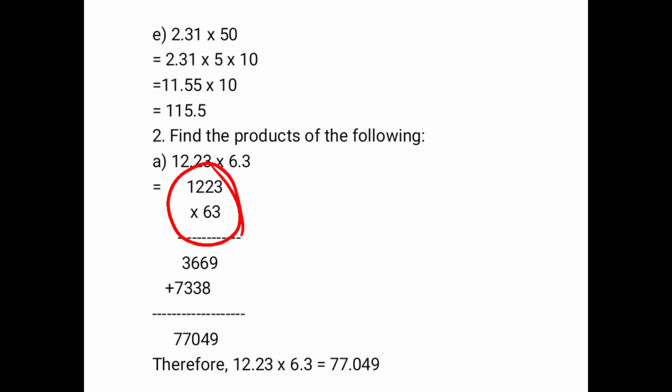If you multiply it and add it, you will get the answer 77049. But here again, after the point we have 2 digits here and 1 digit, total is 3 digits, right? So from the last you have to count 3 digits. After counting 3 digits you put the decimal point.